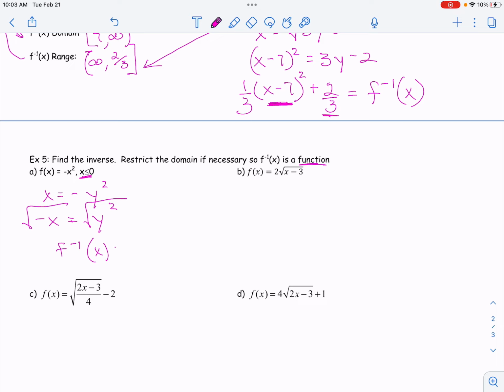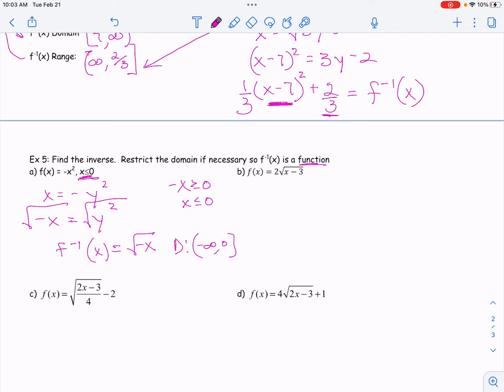I'm going to take what is inside my radical, and I'm going to set it greater than or equal to 0 because it has to be positive. So x is less than or equal to 0. So my domain would have to be x is less than or equal to 0. What's your domain? So both domains on this one are the same because it restricted it up here.